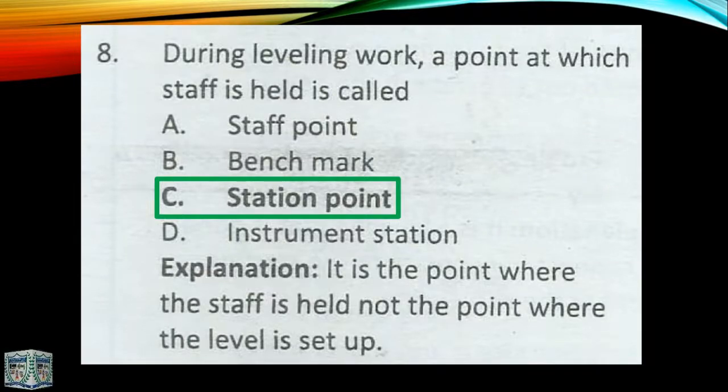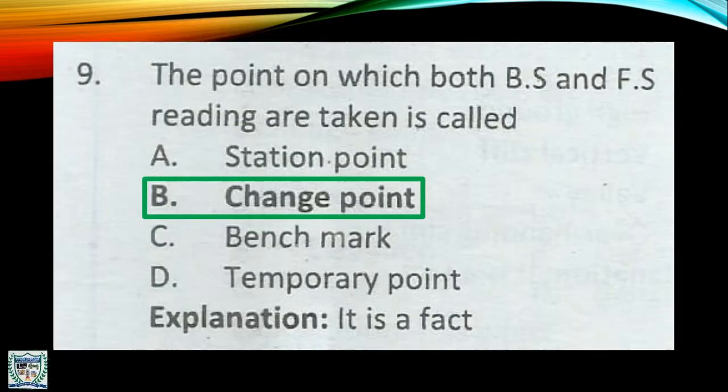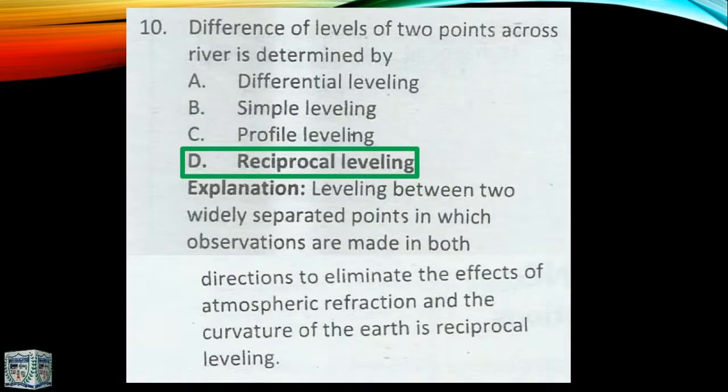It is the point where the staff is held, not the point where the level is set up. Question 9. The point on which both backsight and foresight reading are taken is called the option B, change point is the correct answer. It's a fact.